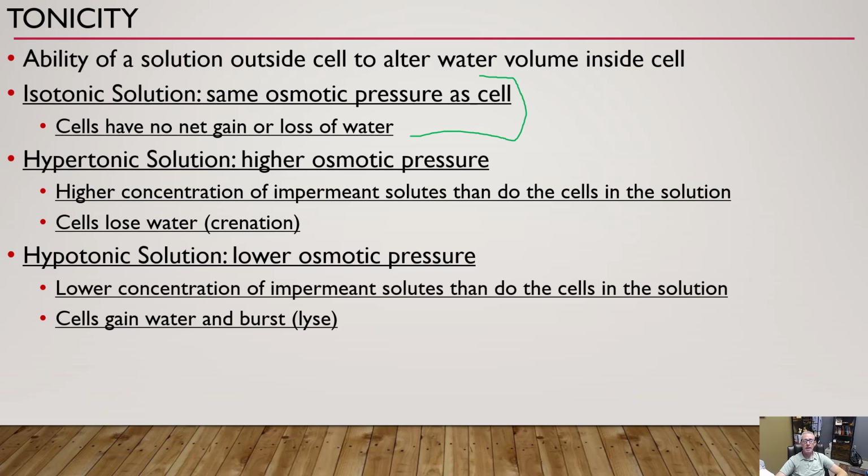If we have a hypertonic solution, what we see is that we have a higher osmotic pressure. So that means that there is a higher concentration of impermeant solutes compared with the cells that are in that solution.